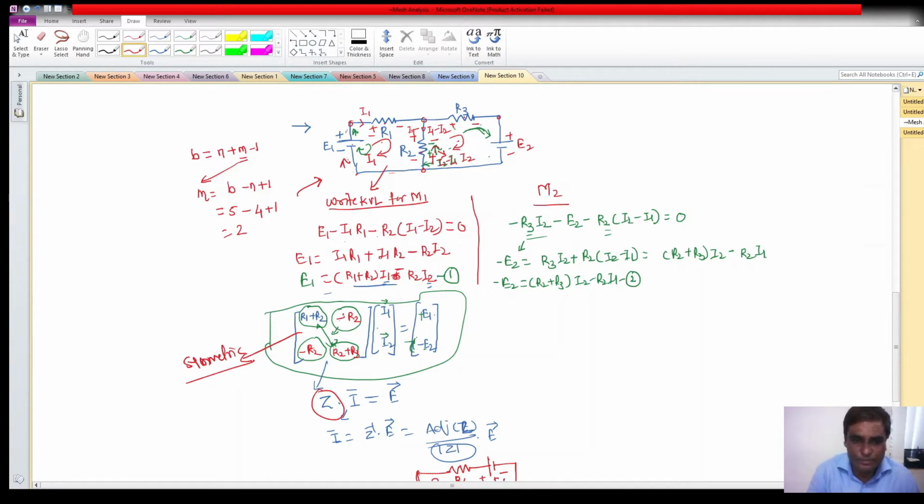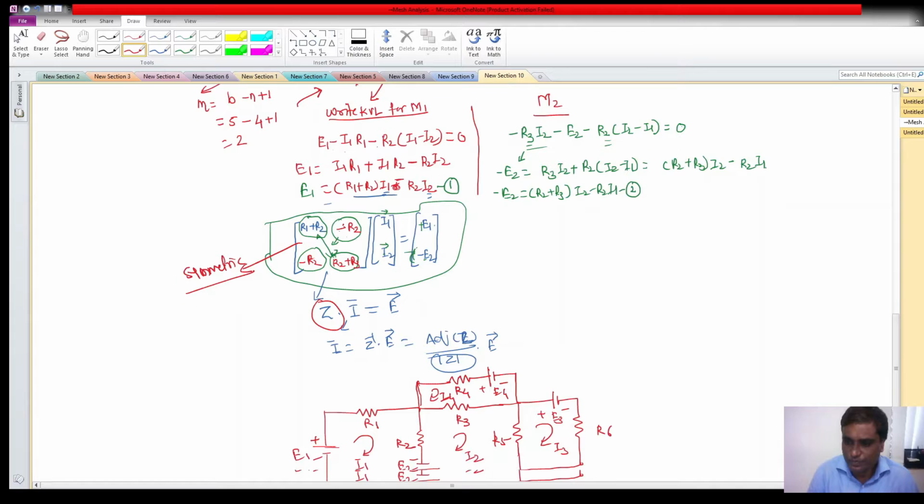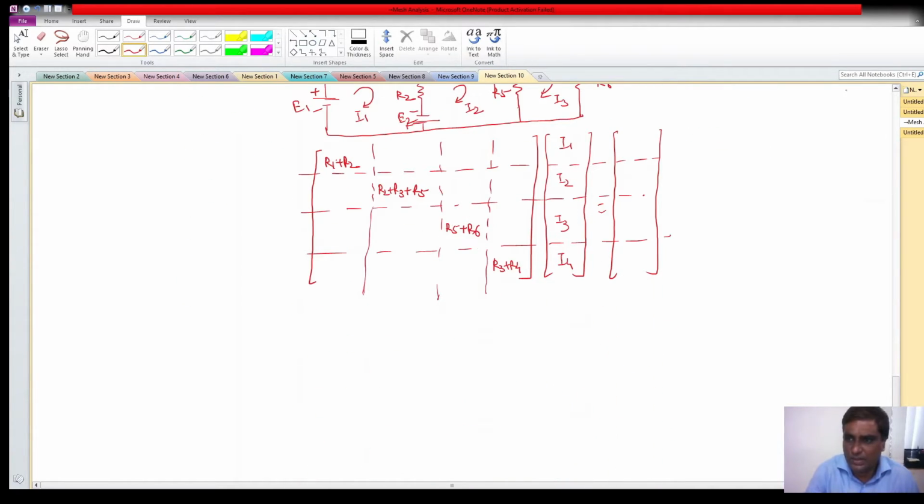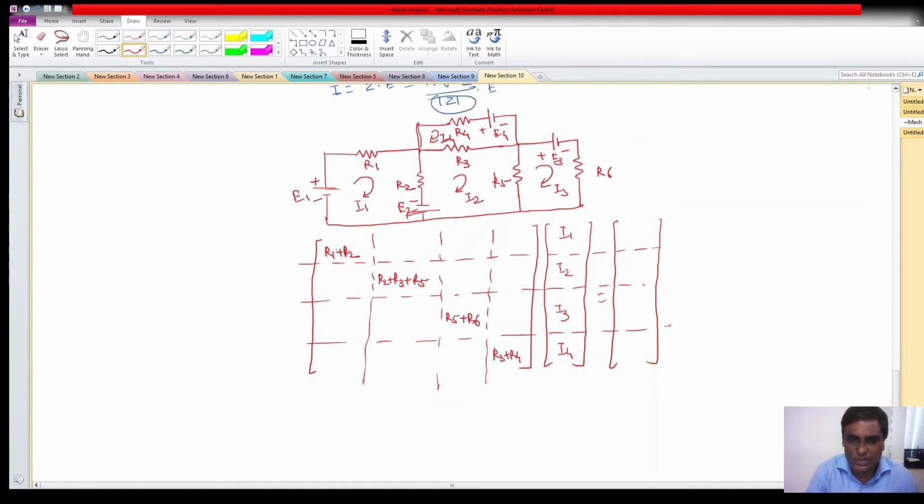You can observe that minus R2 is common between mesh 1 and mesh 2. Here there are no dependent sources, so obviously the Z matrix will be symmetric.